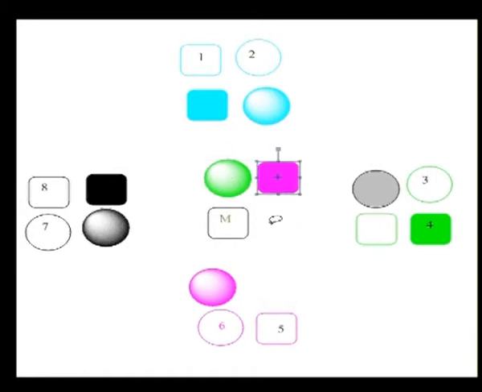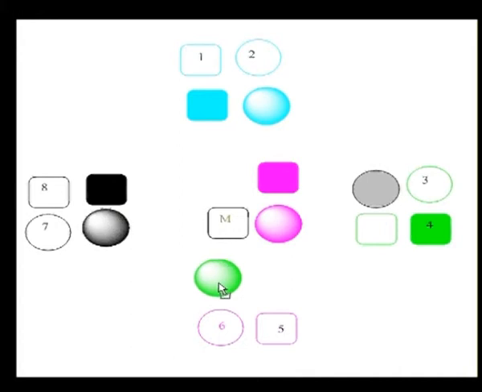The metal carbene keeps changing. Initially it was a gray carbene, and now the metal carbene is green, and then it becomes magenta, and then in the subsequent steps it will become blue and it will also become light blue.